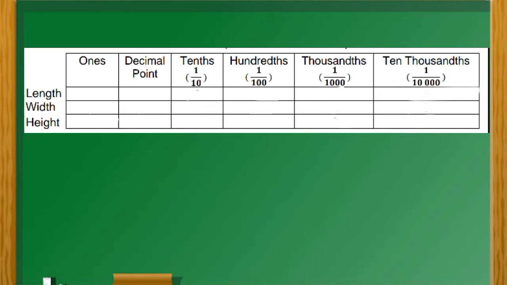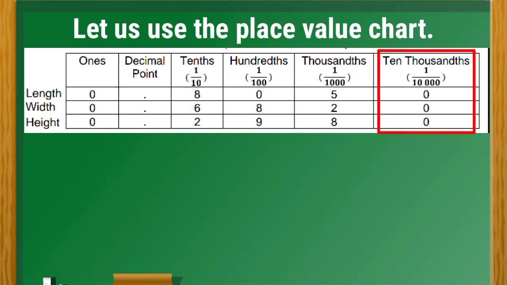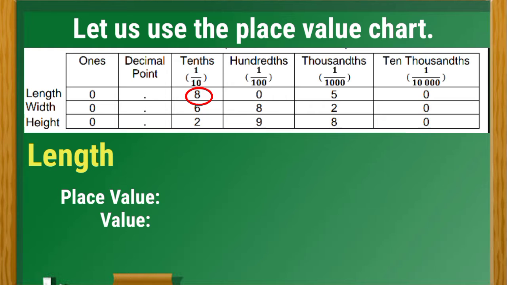In the first column, we have the ones place value and the decimal point and tenths, hundredths, thousandths, and 10 thousandths. As you can see, the digit 8 in the length occupies the tenths place value.